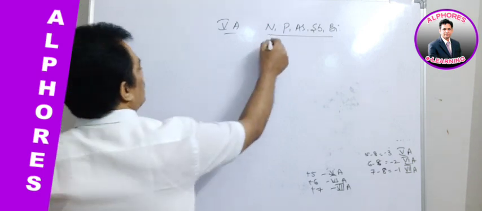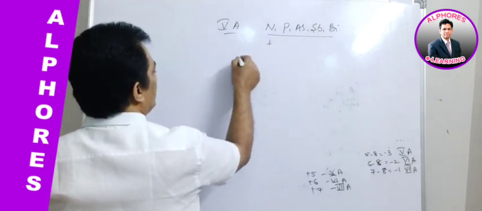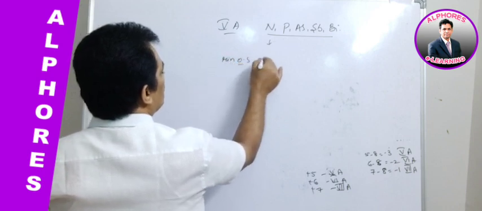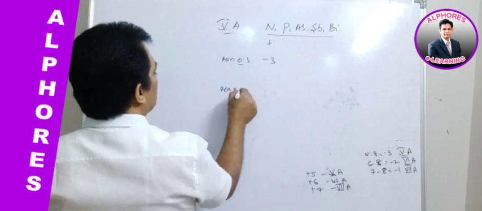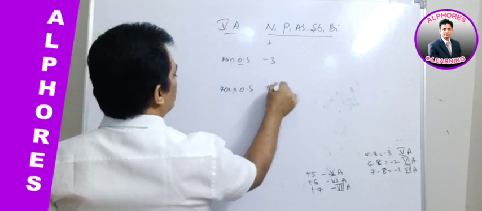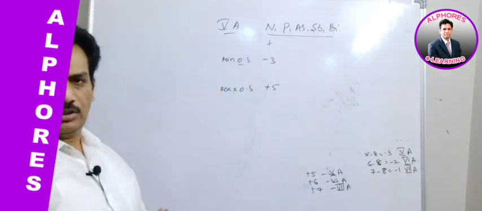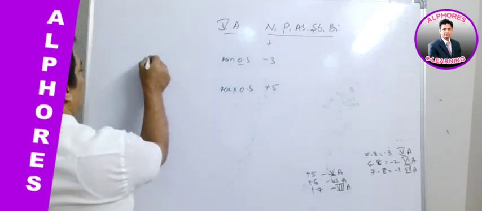And now, all these elements are supposed to exhibit minimum oxidation state, generally -3, and maximum oxidation state +5. In between they can exhibit other oxidation states. Clear? And now let us consider nitrogen.